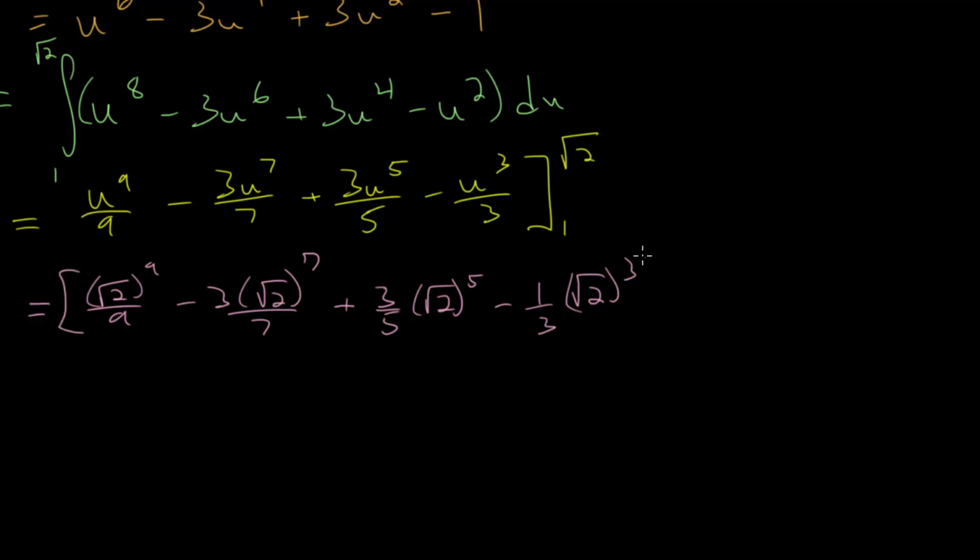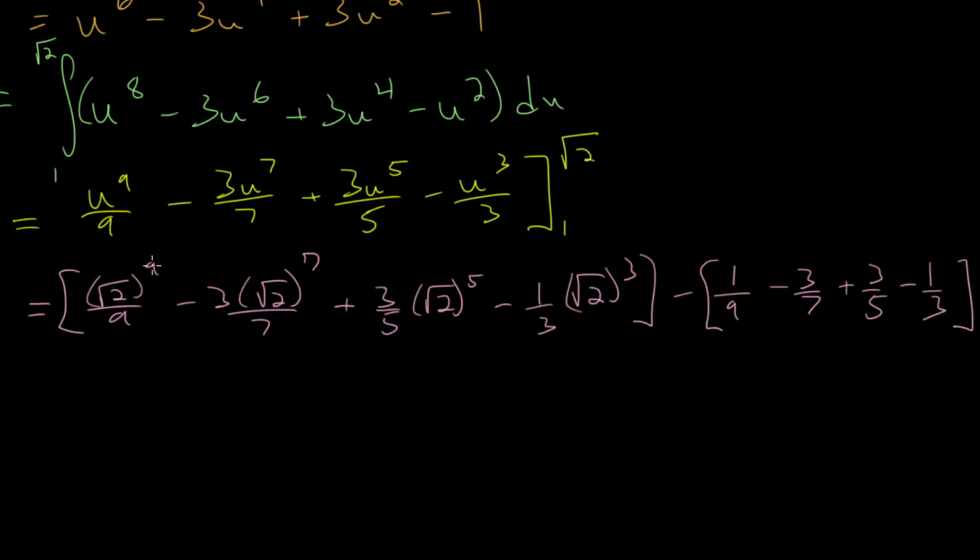So that's our upper bound, and then we subtract everything evaluated at that lower bound. And since we're plugging in 1, it's not too bad. We get 1/9 minus 3/7 plus 3/5 minus 1/3. So we just have a lot of fraction arithmetic here.